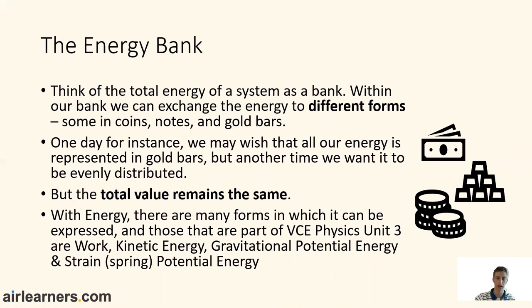One day, we may want all of our energy to be represented in gold bars, but perhaps another time we want it to be evenly distributed throughout all our different types. But the total value remains the same. So with energy, it's lots of different forms, but as part of Unit 3, we're only going to be looking at those things that I already mentioned, so work, kinetic energy, gravitational potential energy, and strain potential energy. So those are kind of the different currencies, I suppose.